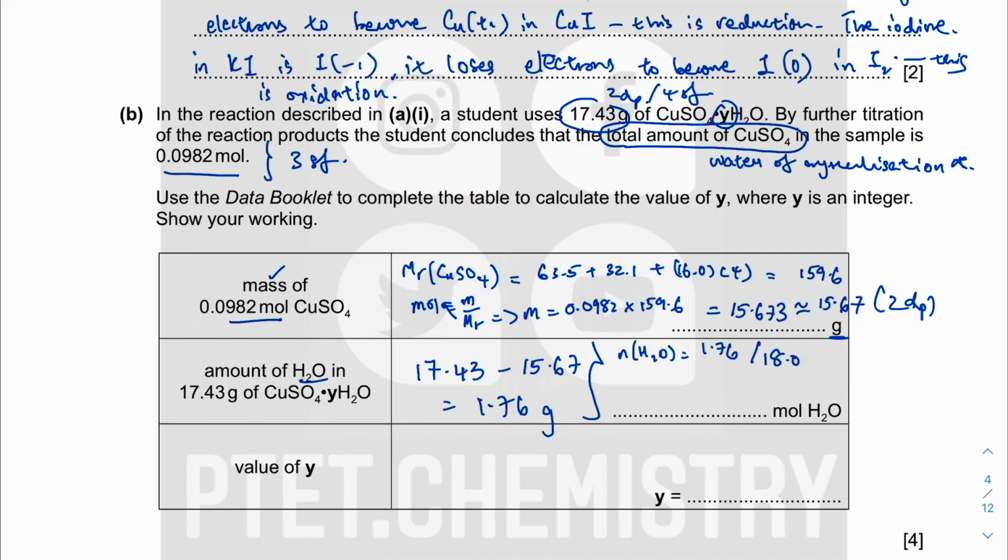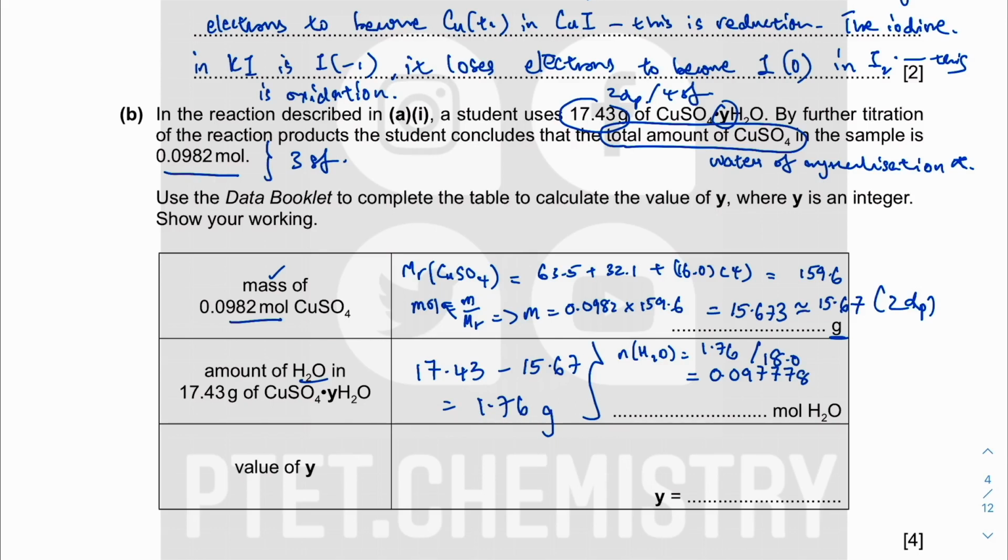16.0 times 1 plus 2 times 1.0 gives you 18.0. So 1.76 divided by 18.0 will give you 0.097778. But you see how the mole was given to 3 sig fig.